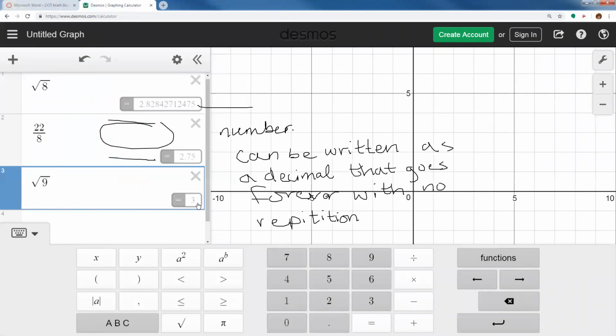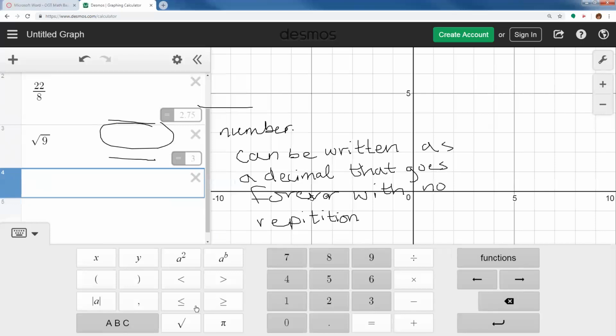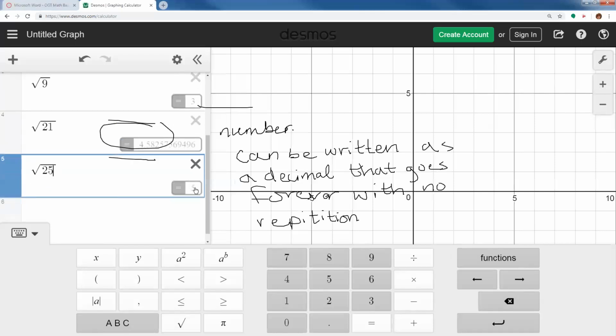It can be called an integer, rational, whole. It belongs in a lot of categories. Definitely not irrational though. That's why I always type it in, because you can have so many different square roots where maybe one doesn't work, but the next one will. So you've just got to be careful with that.